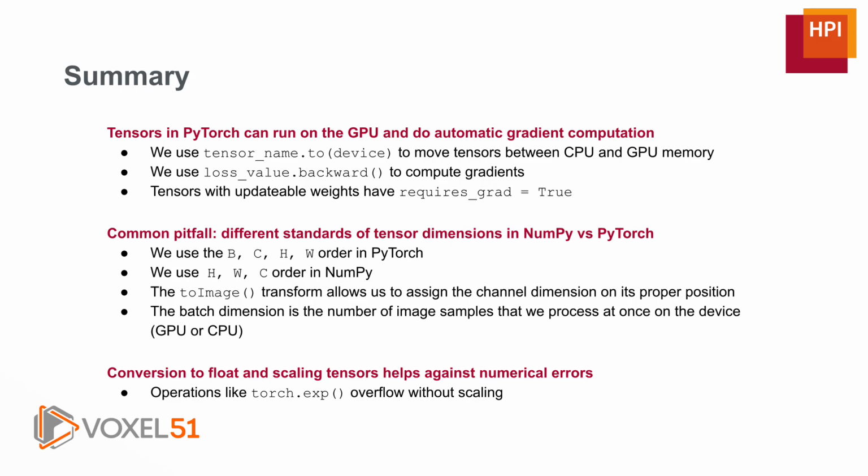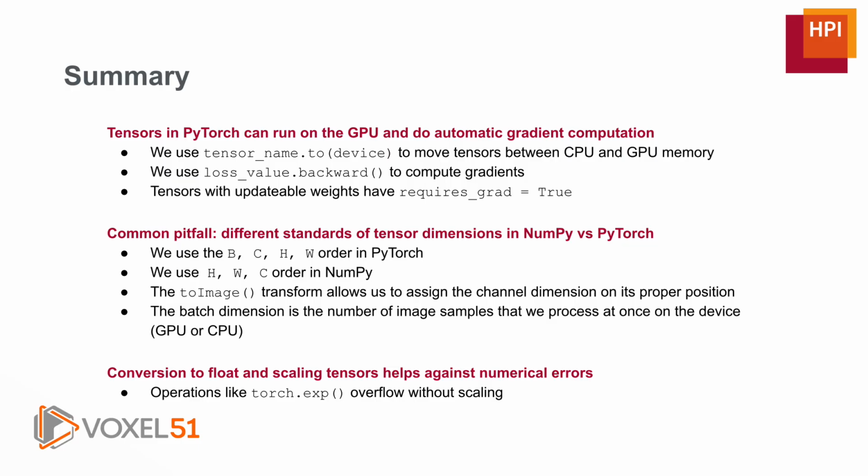Okay, so let's review some key points about PyTorch tensors. There are three main advantages of PyTorch. GPU acceleration is great for faster computation. We have this automatic gradient tracking for training that is very convenient when we are creating a new neural network.